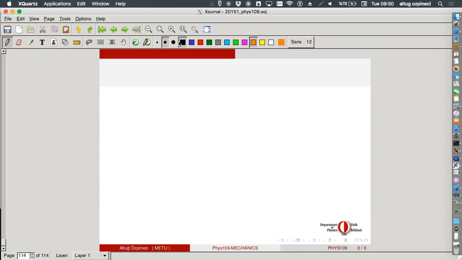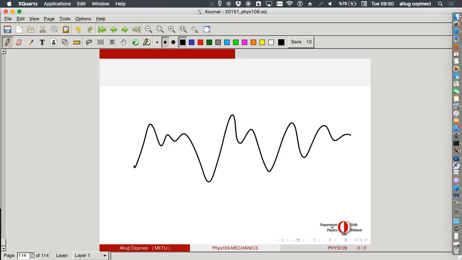So suppose you have these two surfaces, and these two surfaces will not be really flat if you look at them through a microscope. They will have all kinds of hills and valleys, and the surface will more or less look like something like this. This is one surface, if you look very close.